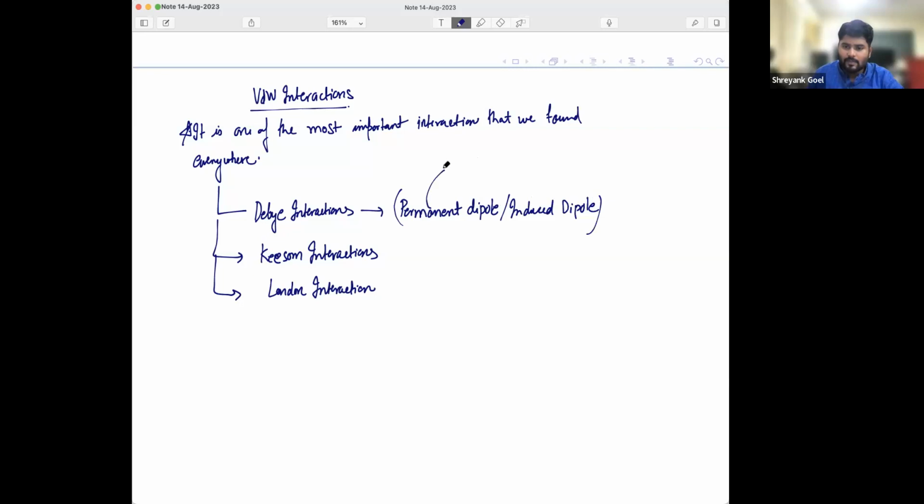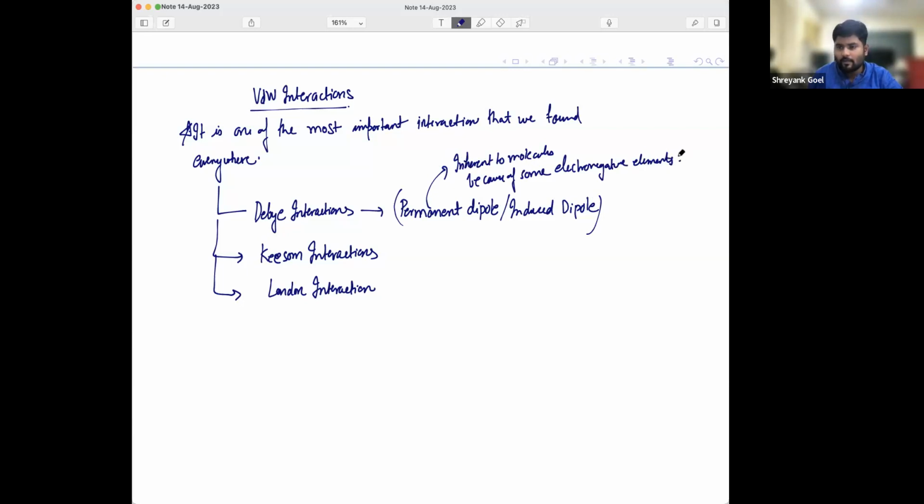Permanent means inherent to molecules because of some electronegative elements.